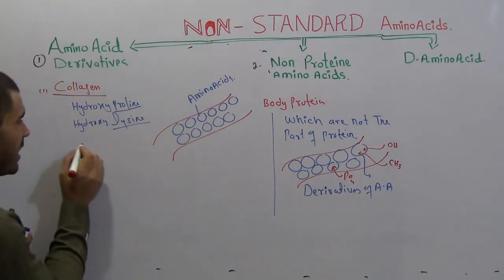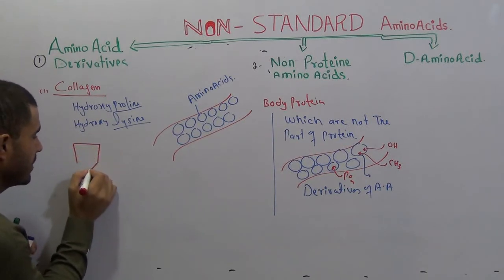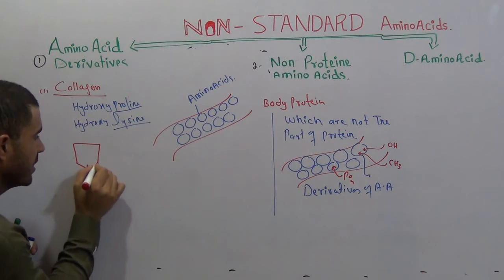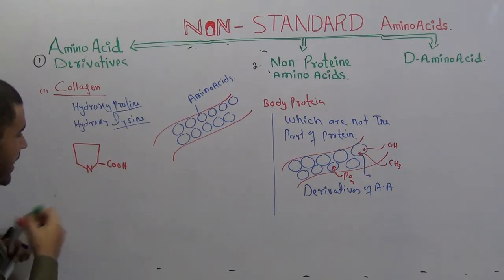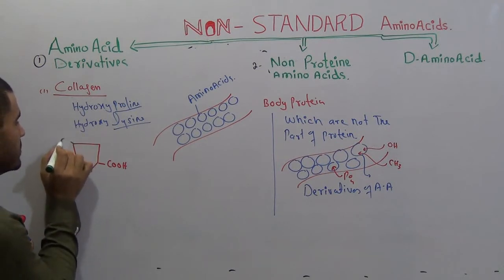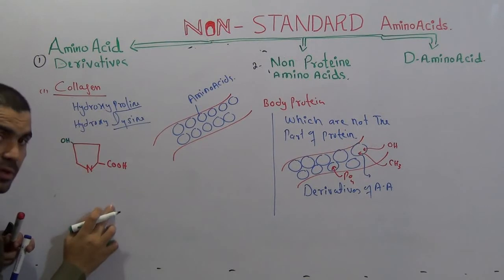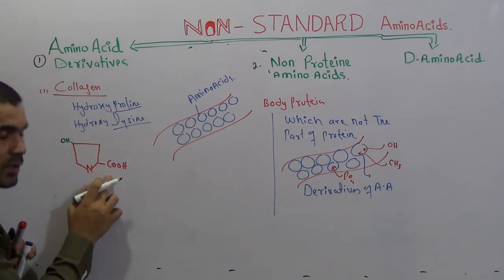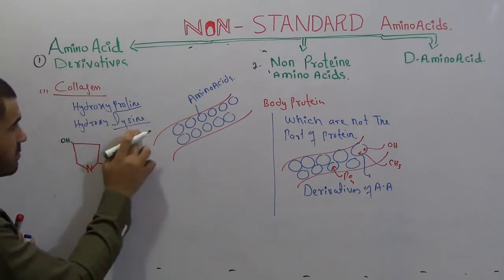Suppose I write the structure of proline, the simplest structure. There is nitrogen, and here is a carboxylic group. If we add an OH group somewhere here at the corner, it will be called hydroxyproline. Now this hydroxyproline is a derived amino acid. And then lysine.